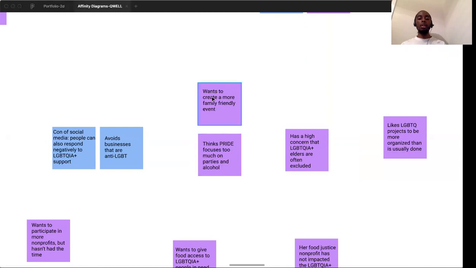So there are plenty of youth places, so it's not like they were under addressed. But the problem here is that they want to create more. I remember this interview too, they wanted to create a pride festival basically that was family friendly, not just overall with parties and alcohol. So that's the problem there, the frustration there.